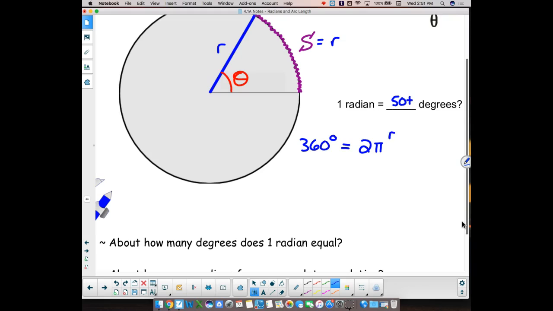So if I wanted to find the degree measure, I would take 360 and divide it by 2 pi. Somebody with a calculator, what is 360 divided by 2 pi? 57.29, so we'll call it 57.3.